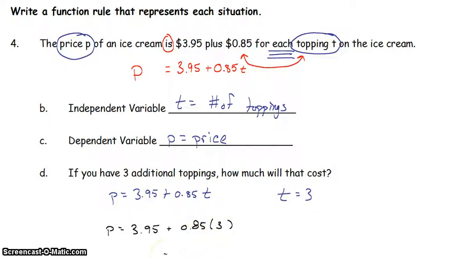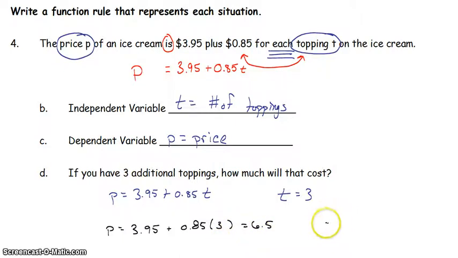I put that into my calculator, 3.95 plus 0.85 times 3, and I get 6.5. This is a situation though, if you give me 6.5, that's not really answering the question. The question is, how much will that cost? So you have to tell me exactly what that means in the context of this problem.